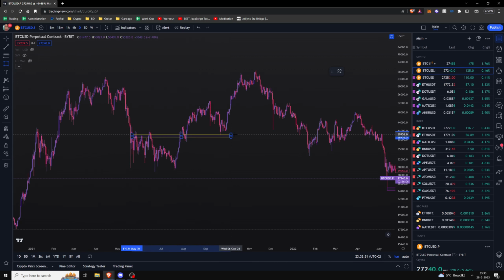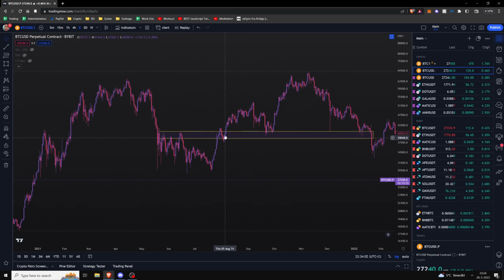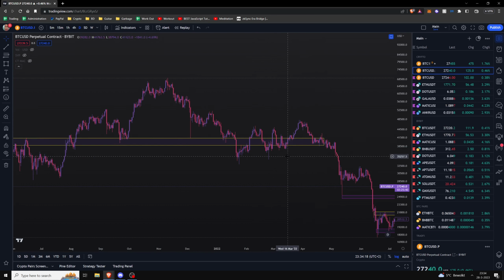We put in all these highs after our dump here in the summer of 2021. We broke above it, had a retest there, broke above it, and bounced off it as support. So we flipped the resistance, and then we had another wick to it and another bounce there. But then coming into February 2022, it just didn't care anymore.